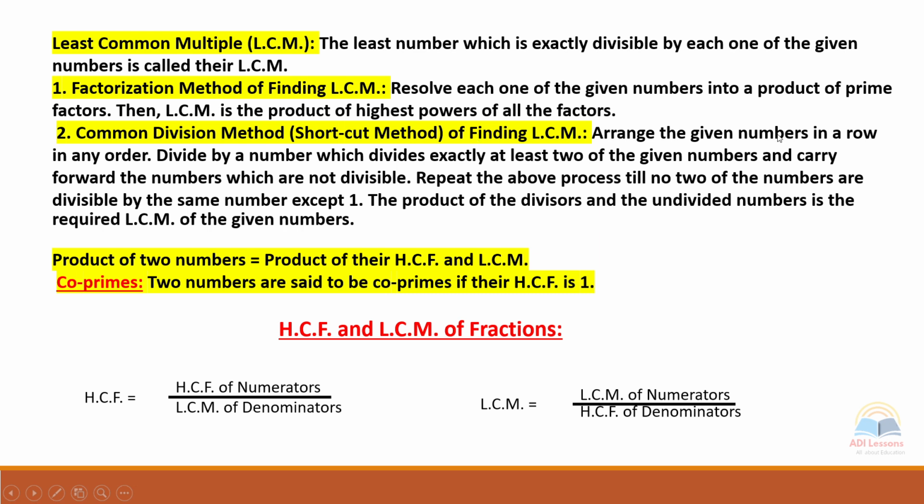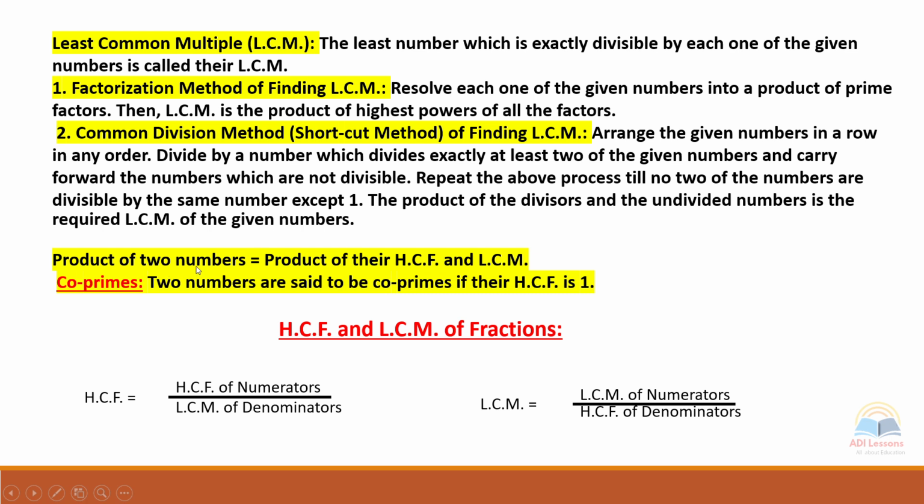Arranging the given numbers in a row in any order, divide by a number which divides exactly at least two of the given numbers and carry forward the numbers which are not divisible. Repeat the above process till no two of the numbers are divisible by the same number except one. The product of the divisors and the undivided numbers is the required LCM of the given numbers.